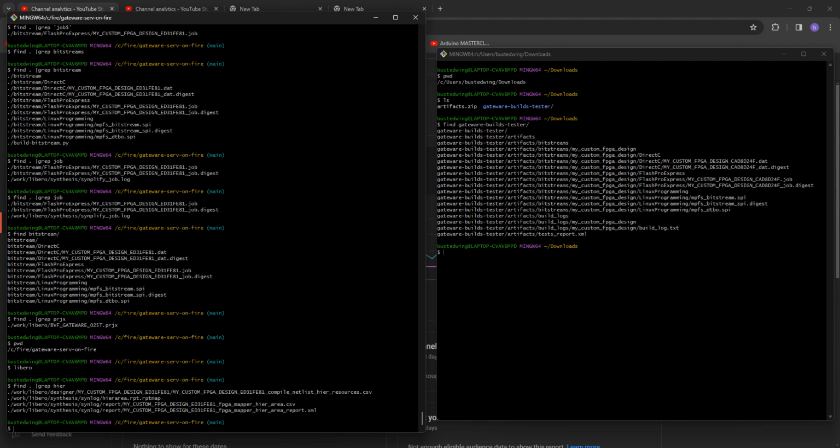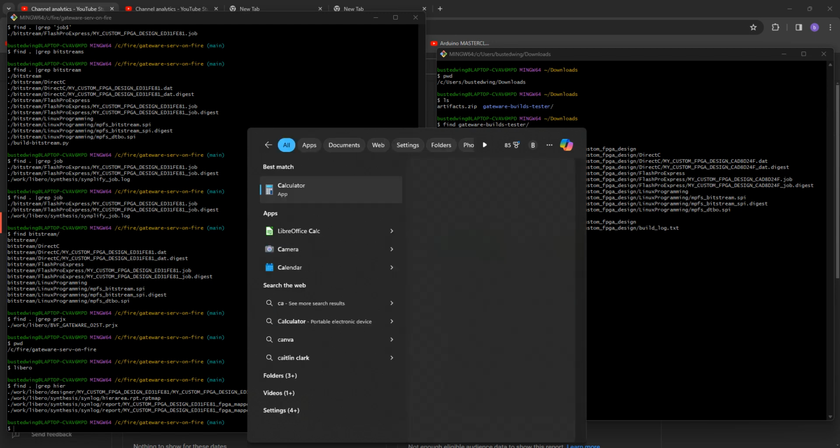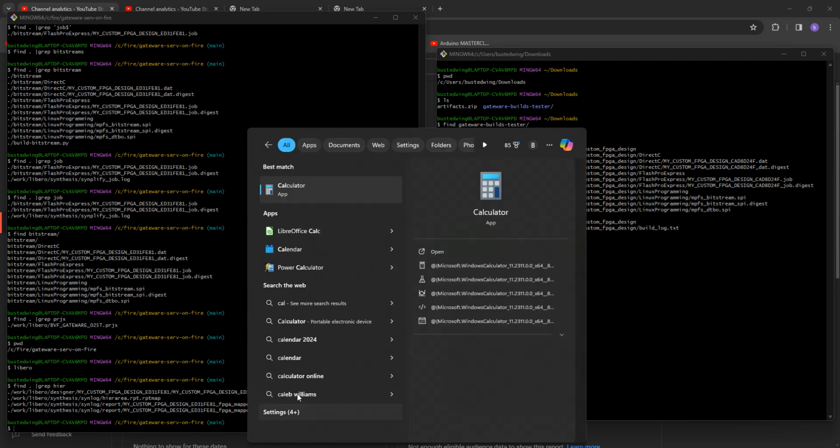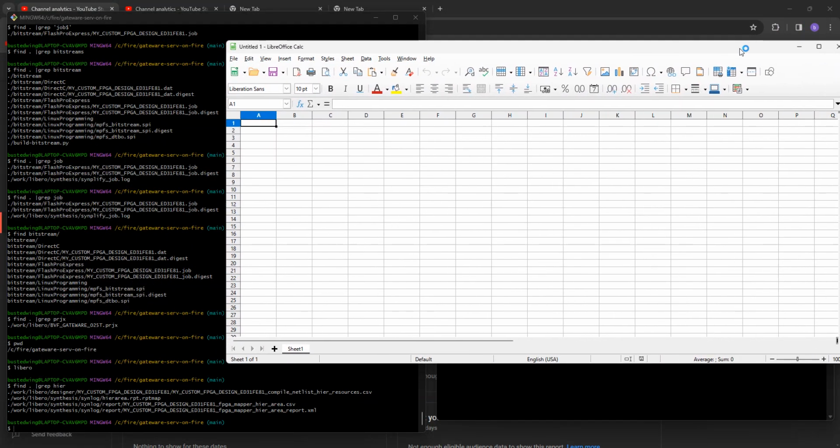Here we are. Let's open it up in LibreOffice. This is similar to Excel.